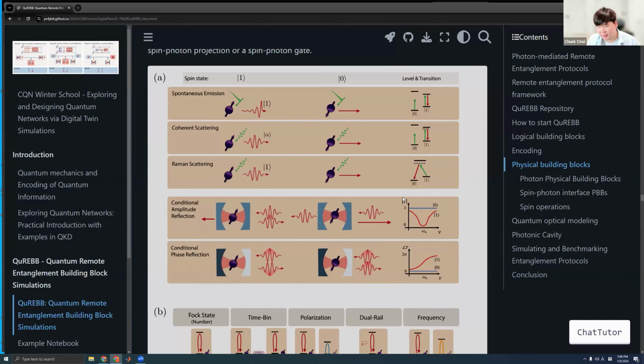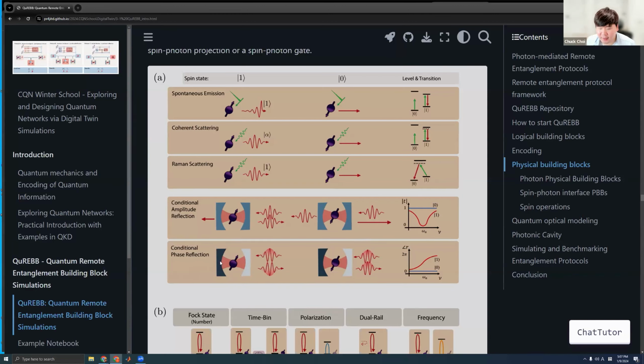Again, here in the diagram, if the spin is 0, then everything is transmitted. At the operation frequency of our photon, if the spin is in the 1 state, the photon has a 0 transmission amplitude, meaning that it's all reflected. This is encoded in an amplitude way, but we can also encode it in the phase way, because when the atom is inside the cavity and that alters the cavity photonic field, then you can change the phase.